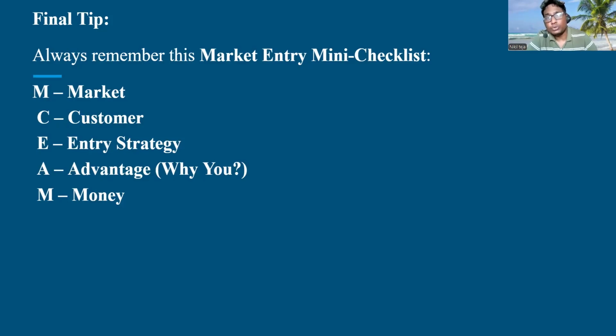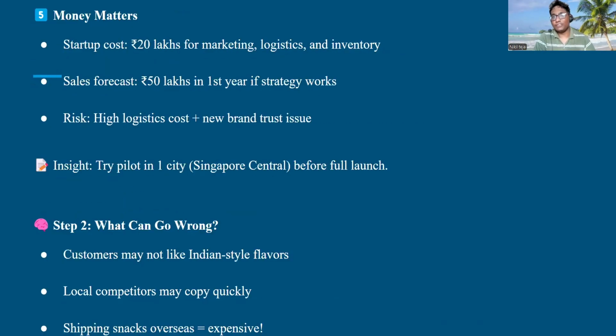Next, after making the market and customer analysis, you need to come up with market entry strategies. Next, you need to understand what your USP, unique selling point, is, so that customers are attracted to your product and buy it. Next, money, right? Even financial things matter, so keep finances in your mind. So this is a checklist. This is a case study as well as a market entry framework.